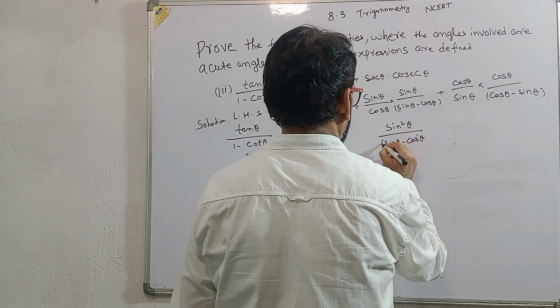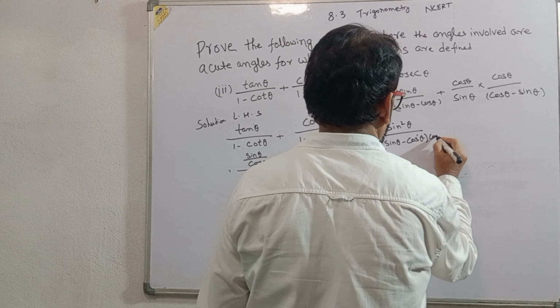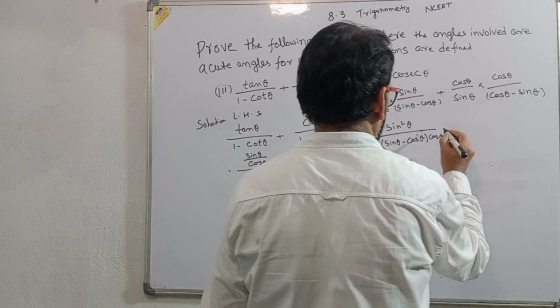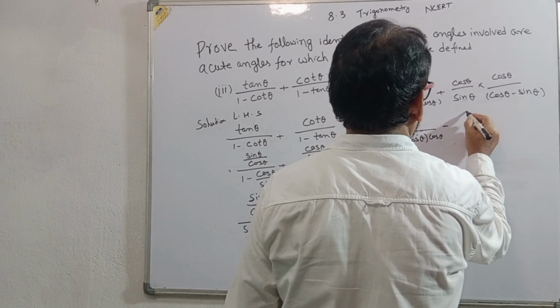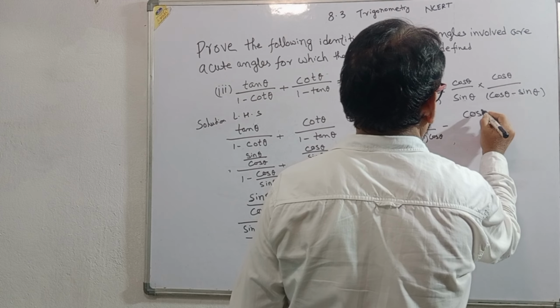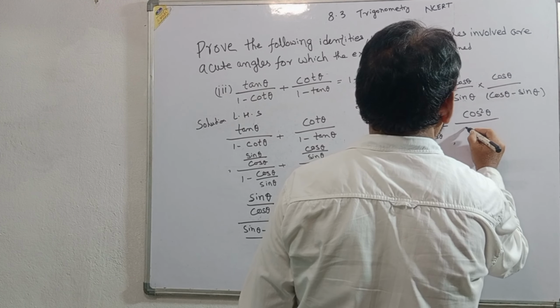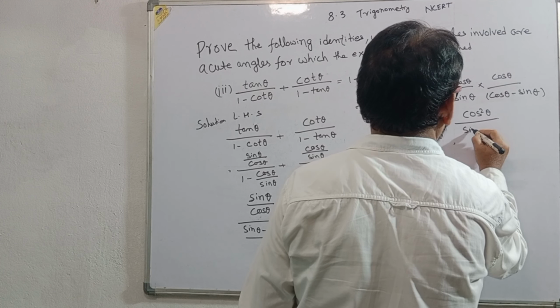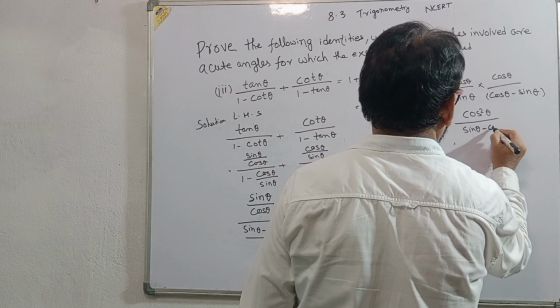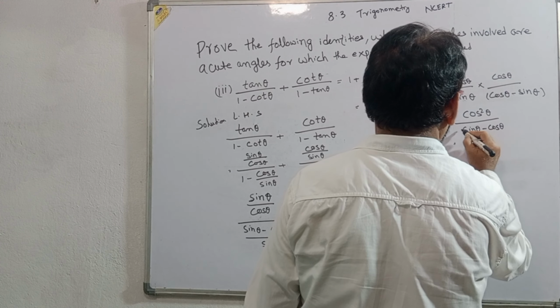Here cos theta minus cos square theta divided by sin theta minus cos theta, sin theta.